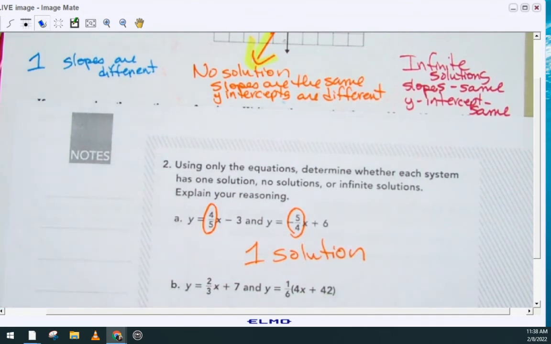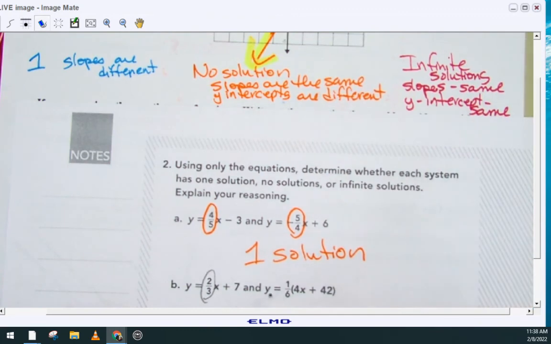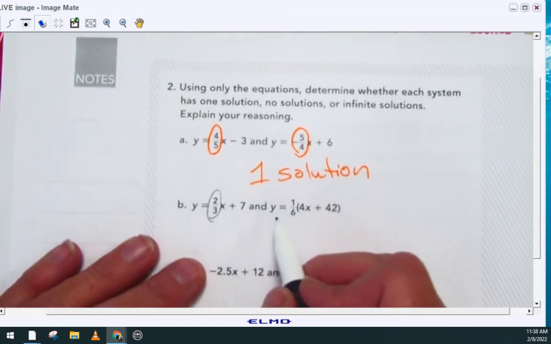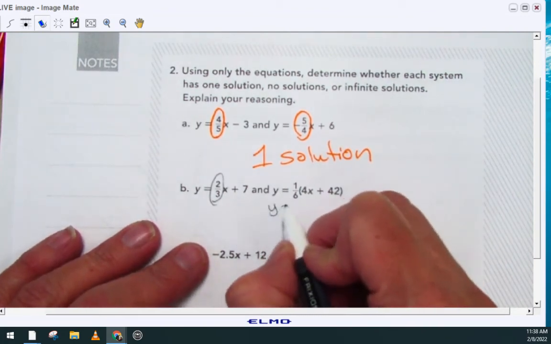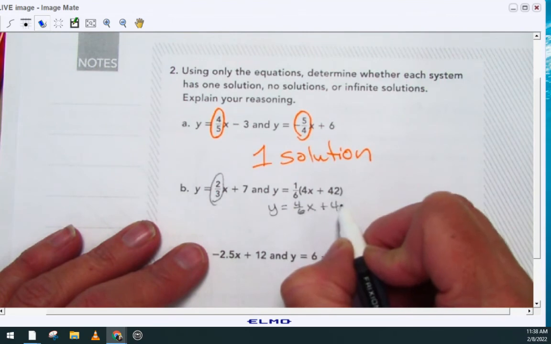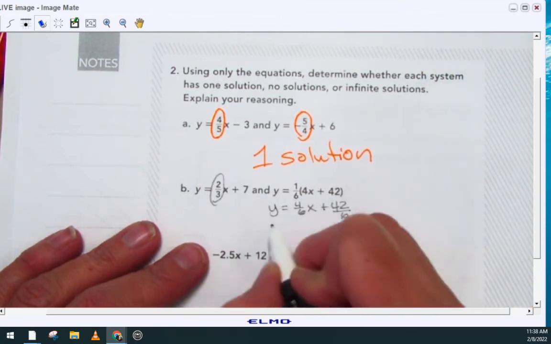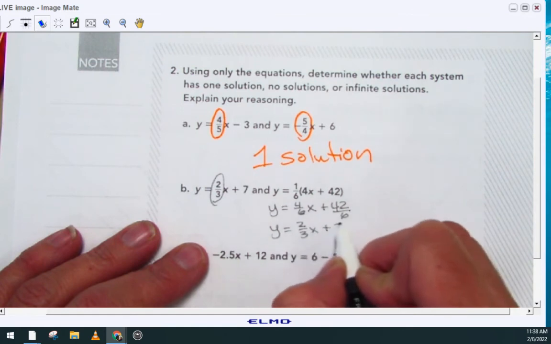Okay? Then I'm going to look at this one. Here's the slope here. Oh, well I have to multiply, oops, sorry. I have to multiply this through. So that would get me 4 over 6x plus 42 over 6. Simplify that. I get 2/3 x plus 7.